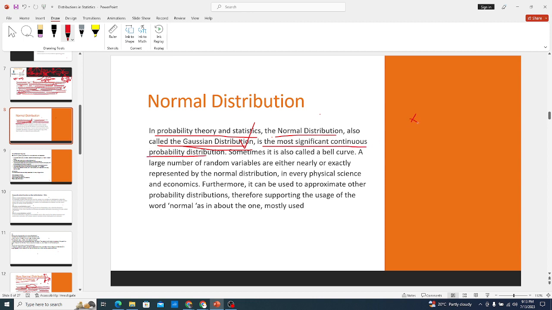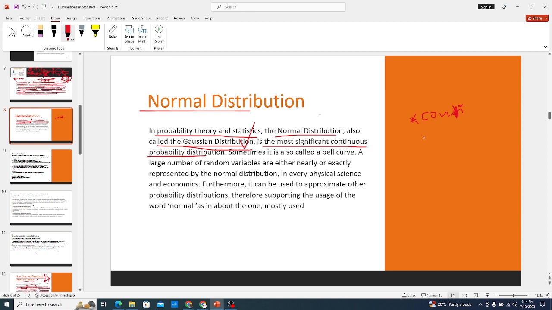So we have one property: a normal distribution is a type of continuous distribution, meaning it will be represented by a curve. Let me try to remember its equation. Please feel free to help me.